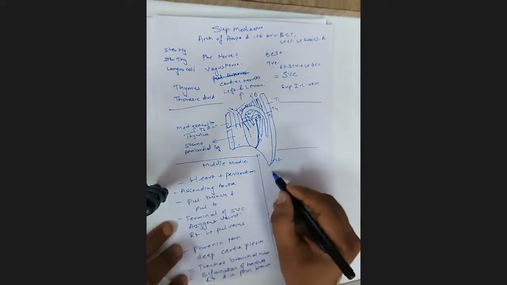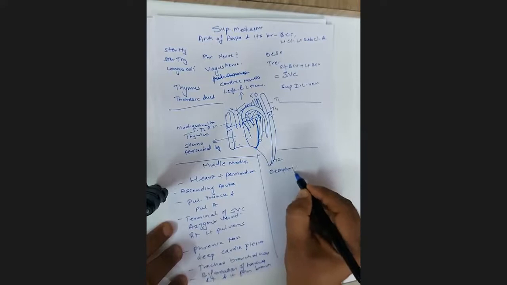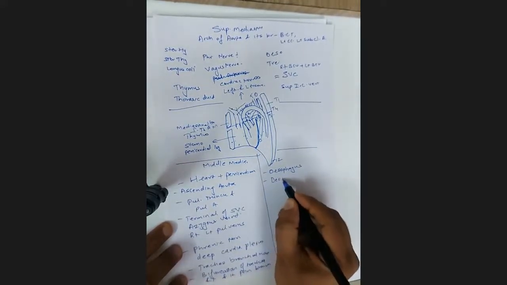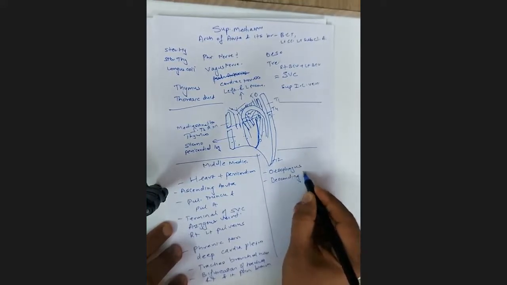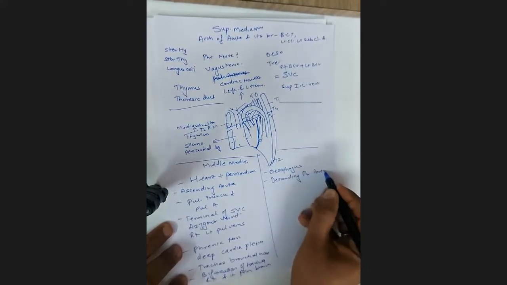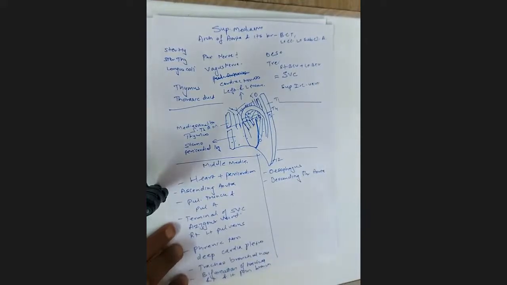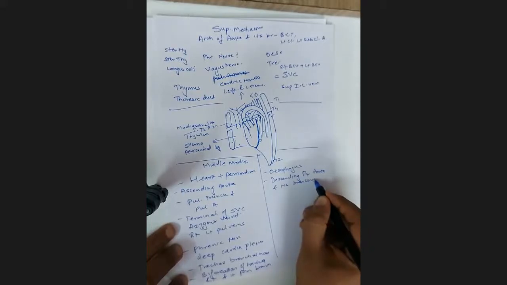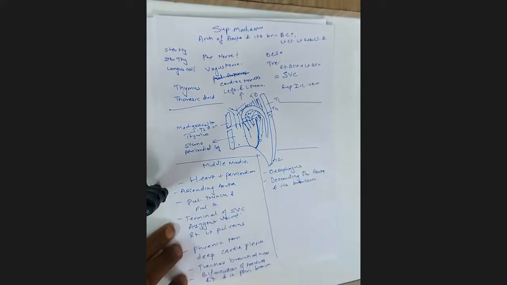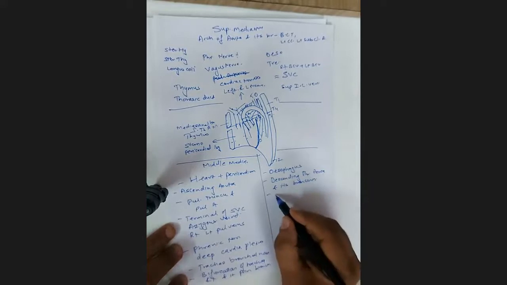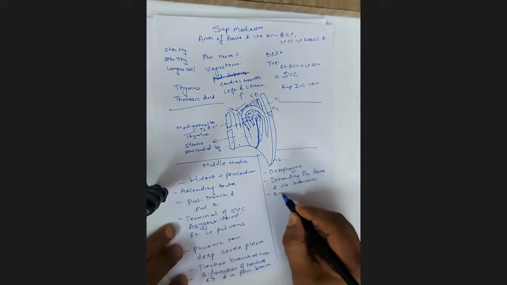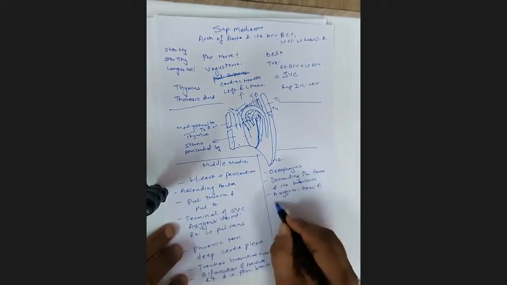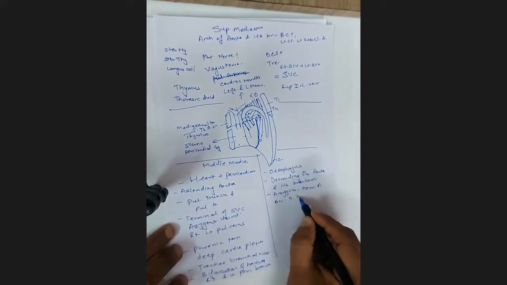The anterior most structure is esophagus, and then there is descending thoracic aorta and its branches. These branches we have studied in the previous class. Then amongst the veins, there is azygos vein, hemiazygos vein, accessory hemiazygos vein.